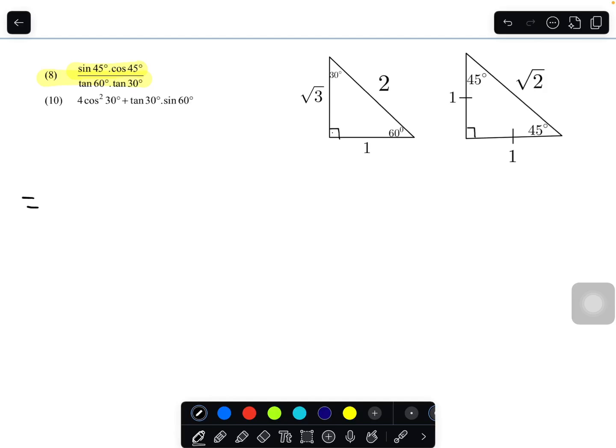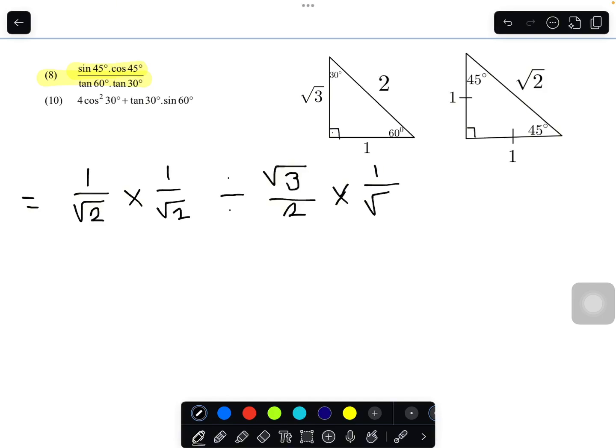We have the sine of 45, so that will be 1 over root 2, times the cos of 45, which is 1 over root 2, divided by the tan of 60, which is root 3 over 1, times my tan of 30, which is opposite over adjacent, 1 over root 3.